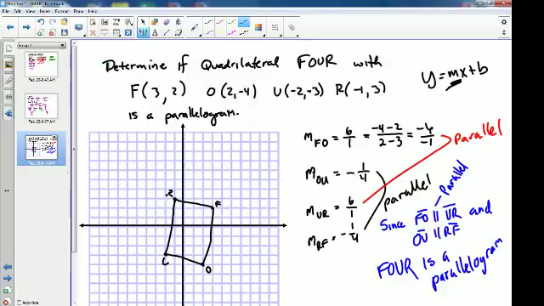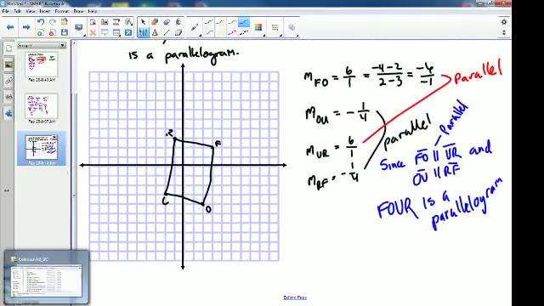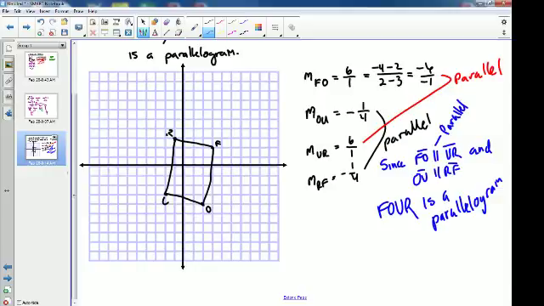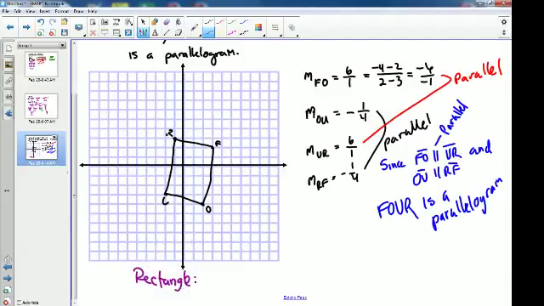Now let's talk about other situations that might occur here, since I'm not going to show them all to you. How would I show that this is a rectangle if it is a rectangle? They have the same size. They're equal.